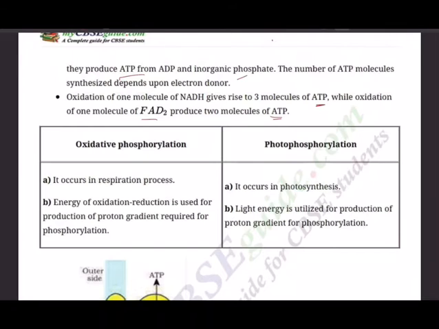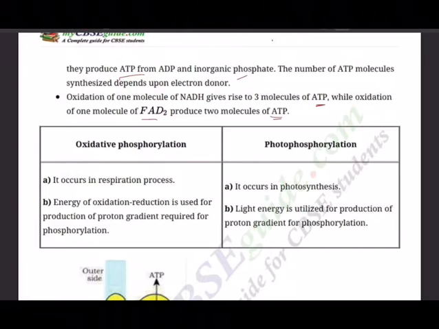Through NADH and FADH2, it's 6 plus 6 plus 4 plus 18, 34 or 32 ATPs are formed. So the total net gain of ATP molecules from the breakdown of just one glucose molecule is 38 or 36, depending upon the type of aerobic respiration.